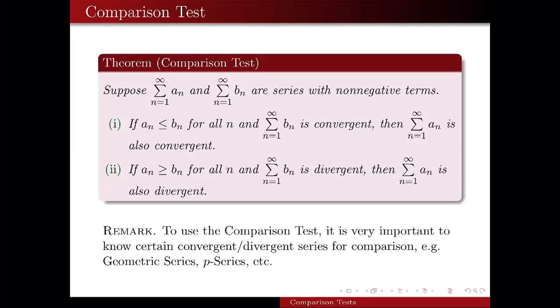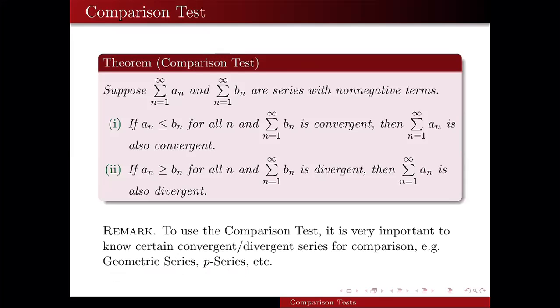Now, in order to use comparison tests, you should know a lot of series. You should have a big database of known series, series that you know whether they are convergent or divergent. For us, we have the geometric series, the P series, and the harmonic series.